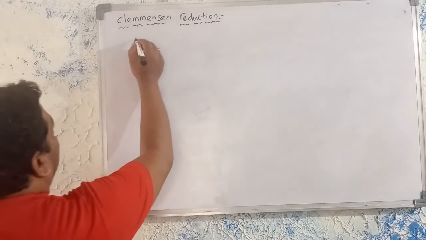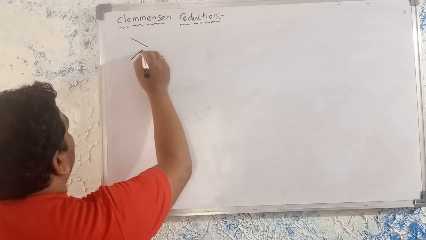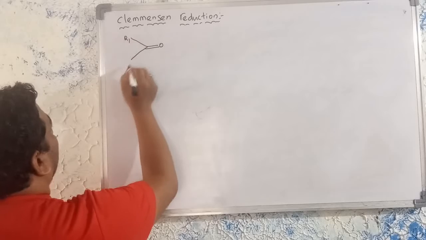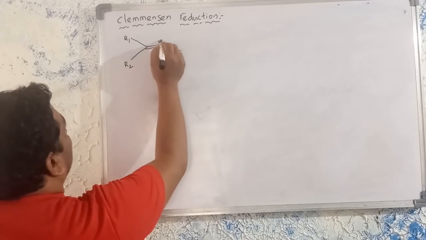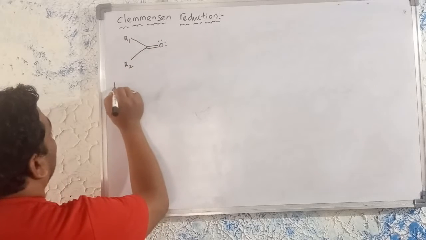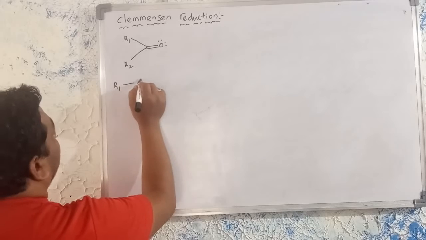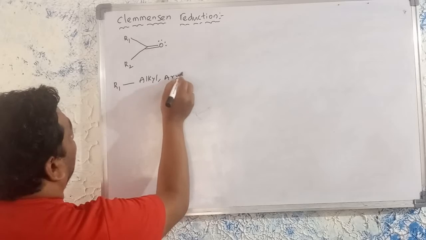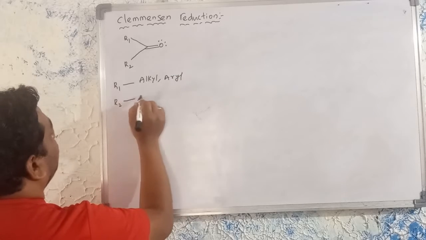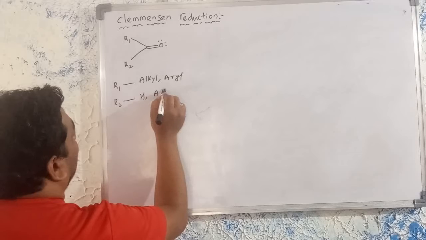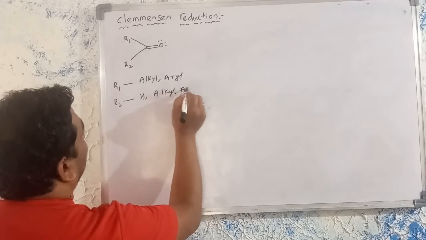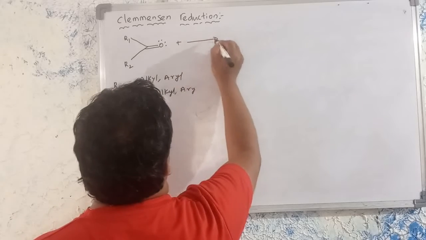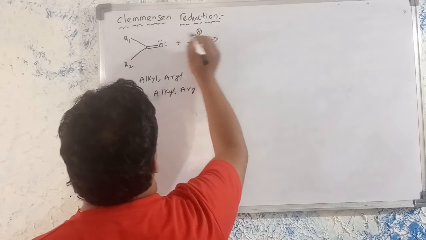We will take the carbonyl compound C=O with R1 and R2, where R1 may be an alkyl or aryl group, and R2 may be hydrogen or an alkyl or aryl group. It reacts under acidic conditions, H+.